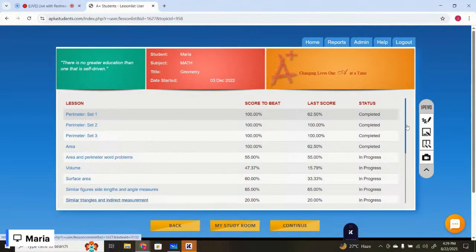Similar triangles and indirect measurement.